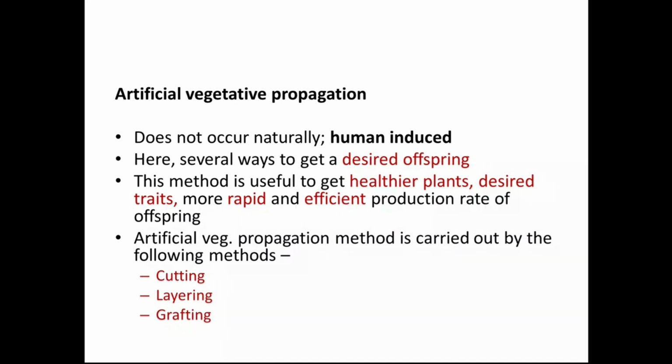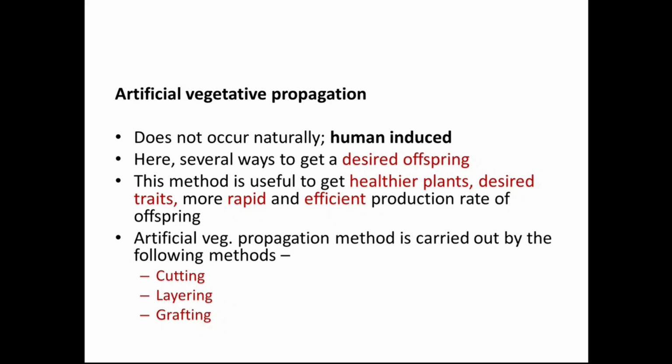There are several ways to get a desired offspring, and we get healthier plants with rapid and efficient production. Why rapid and efficient? I gave an example this morning. Suppose there is a mango or guava plant. One variety produces very big fruits, but they are not tasty.